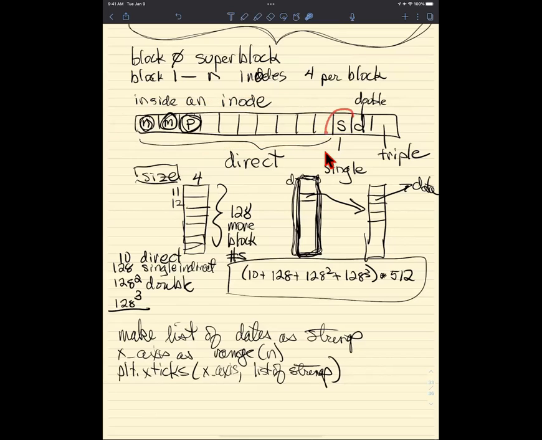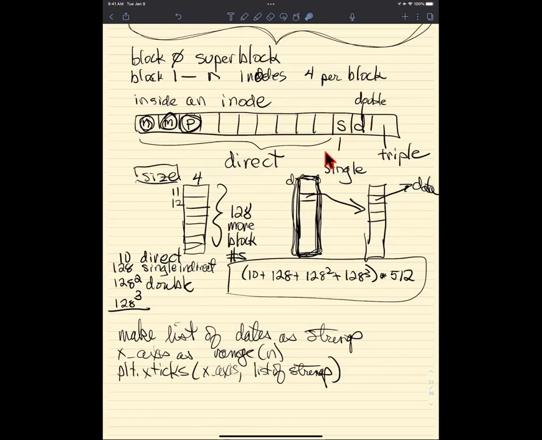If it's found underneath here, it will be one IO to get the single indirect block, and then a second IO to get the data. If it's here, it's going to be one IO to get the double indirect block, followed by another IO to get the block that is pointed to by the root of the node.